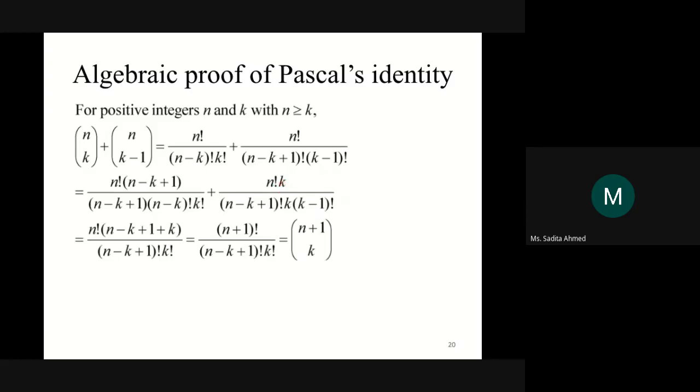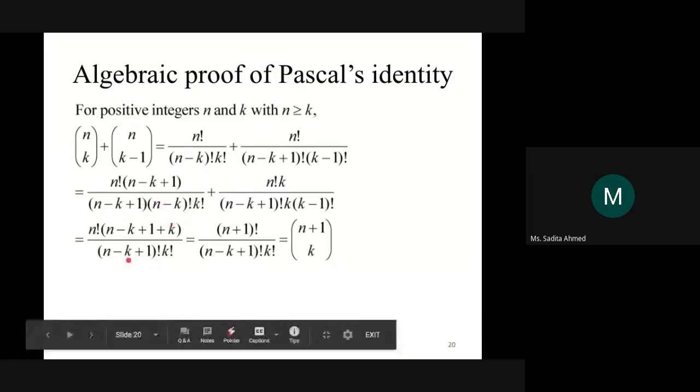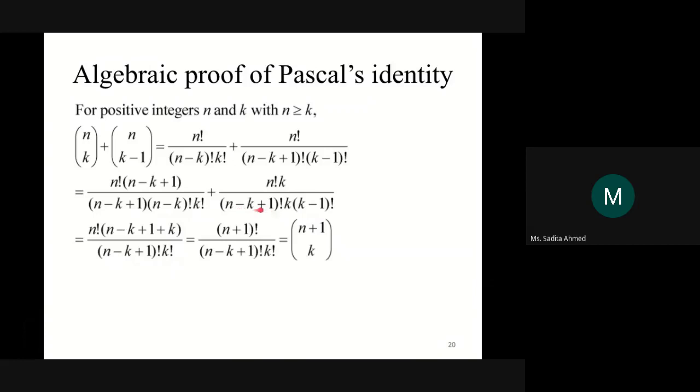Okay, so finally, what do you have here in the first term? N minus k plus 1 into n minus k factorial gives us what? N minus k plus 1 factorial, and then we have k factorial. So we have n minus k plus 1 factorial into k factorial in the denominator of the first term. In the denominator of the second term, we already have n minus k plus 1 factorial, and this one gives us k factorial.